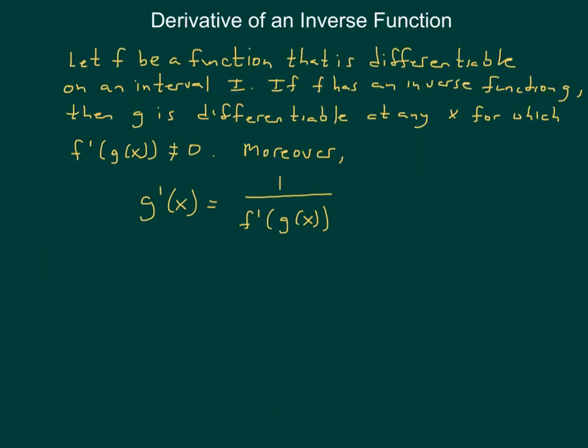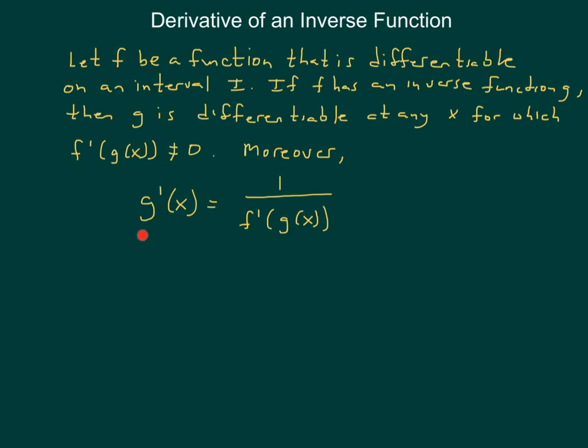Now let's take a look at the derivative of an inverse function. We're going to look at this theorem here. Let f be a function that is differentiable on an interval I. If f has an inverse function g, then g is differentiable at every x for which f prime of g of x does not equal 0.